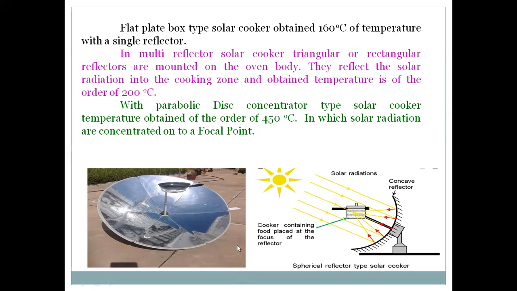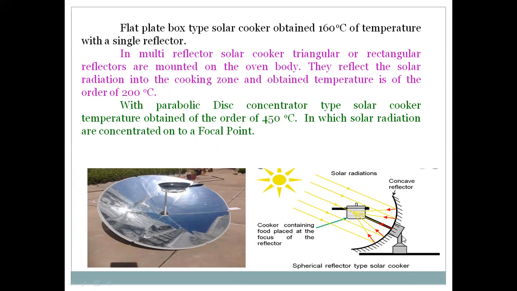This is the building, upstairs on which there is a concave reflector. It is a support, and that is the cooking zone, where this is the vessel. When the sun's radiation is incident on this, the rays are reflected back and concentrated at the cooking zone, so the temperature becomes very high and the cooking time reduces.